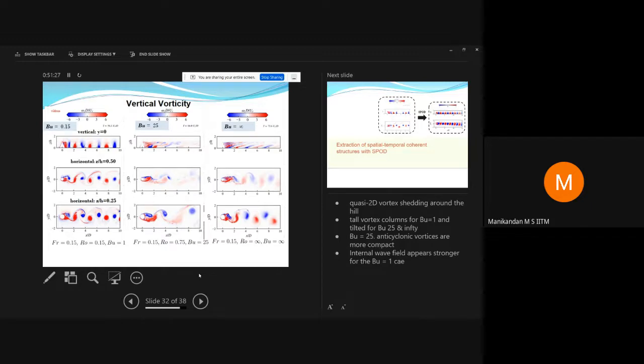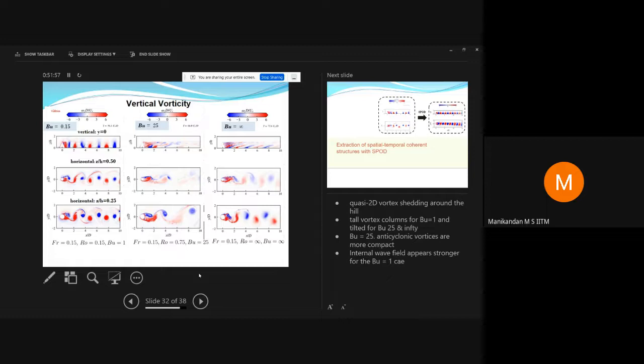But then when you go to the case of Burger number 25, where rotation effects become more important, essentially you get some sort of asymmetry. The asymmetry here is quite specific. If you saw the movie, you would see that in general you've got cyclonic vortices which are larger.